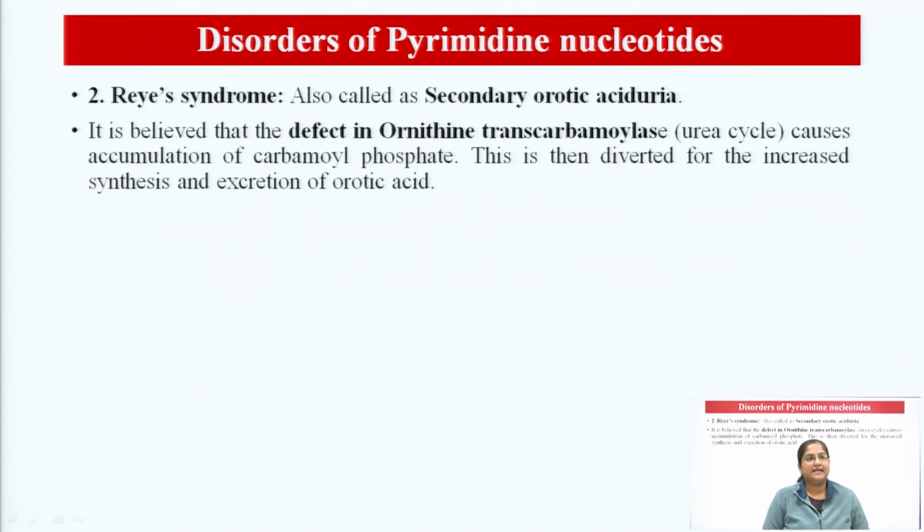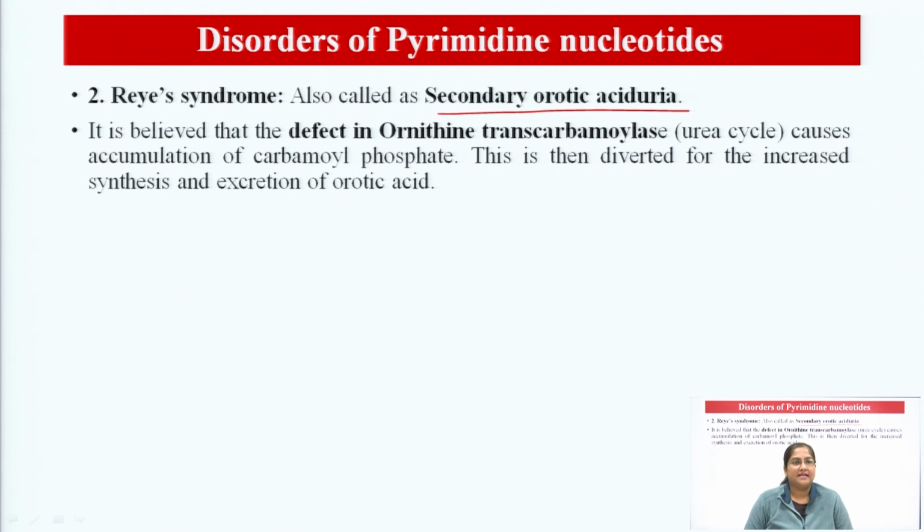The second disease in pyrimidine nucleotide metabolism is Reye's syndrome. It is also called secondary orotic aciduria, in which it is believed that a defect in ornithine transcarbamylase, which you have studied in the urea cycle, causes the accumulation of carbamoyl phosphate.